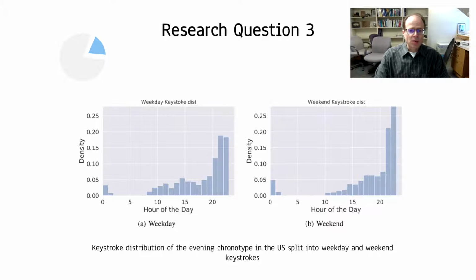This figure shows the weekday-weekend distributions for the evening chronotype in the US context. We would expect students to be more free to work according to their preferred schedule on weekends. As can be seen in the figure, students behaved very similarly on the weekends as they did during the week. It appears that synchrony had only minimal effect on afternoon and evening student underachievement.